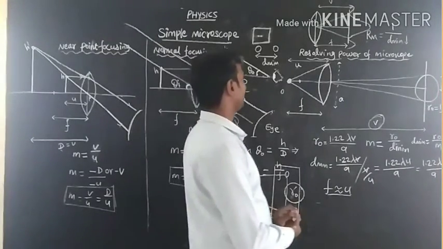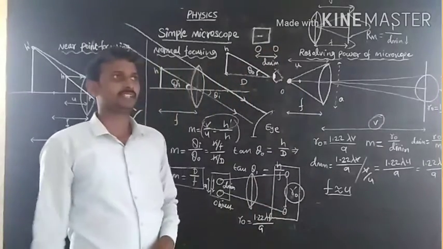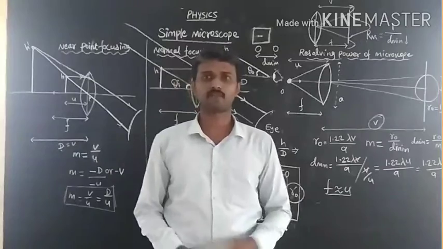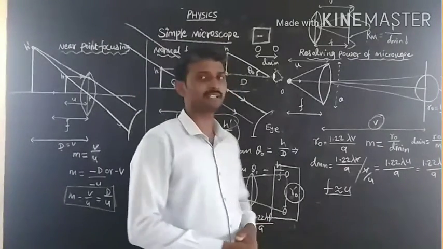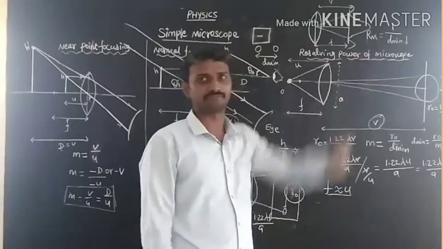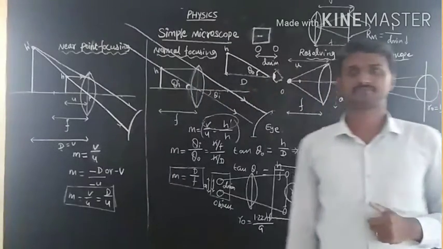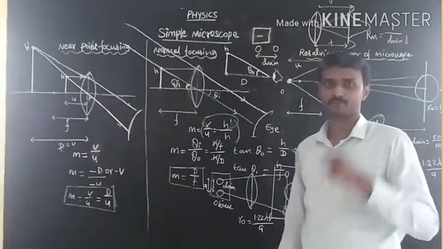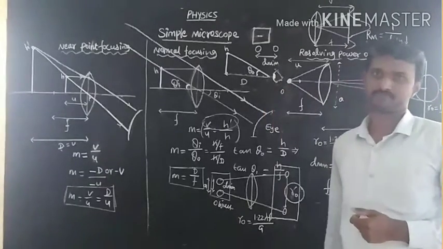Suppose an object is placed inside a medium like water or oil. Suppose the light flows through two different media, the refractive index plays a major role.